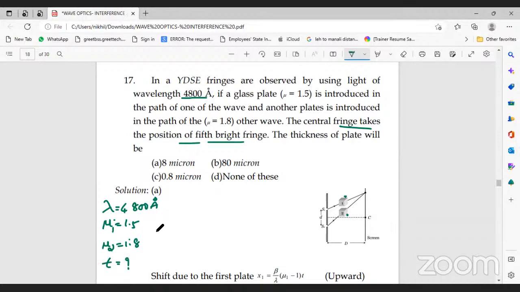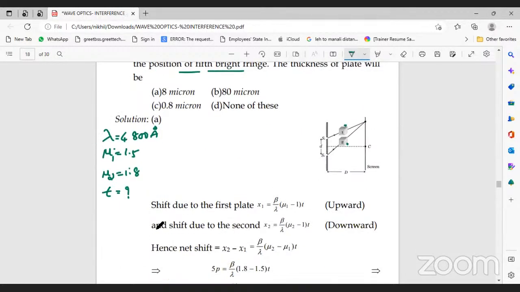Can you write the two equations for this? One is for x1: beta by lambda into mu1 minus 1 into T. For the second plate, beta by lambda into mu2 minus 1 into T. For the second one, it will shift downward; for the first one, it will shift upward.